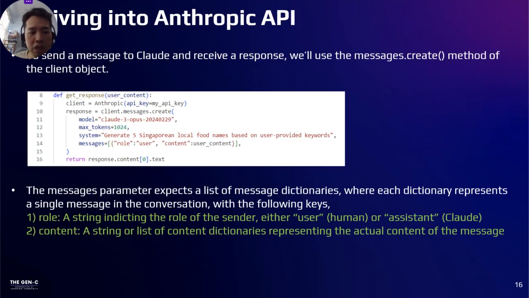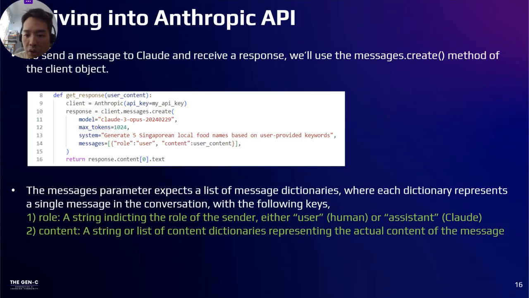You also need to pass in a system prompt, which in this demo is: generate 5 Singaporean local food names based on user provided keywords. Then you will pass in the messages value, which can be a string or a list of dictionaries representing the actual content of the message. If you provide a string, it will be treated as a single text content block.